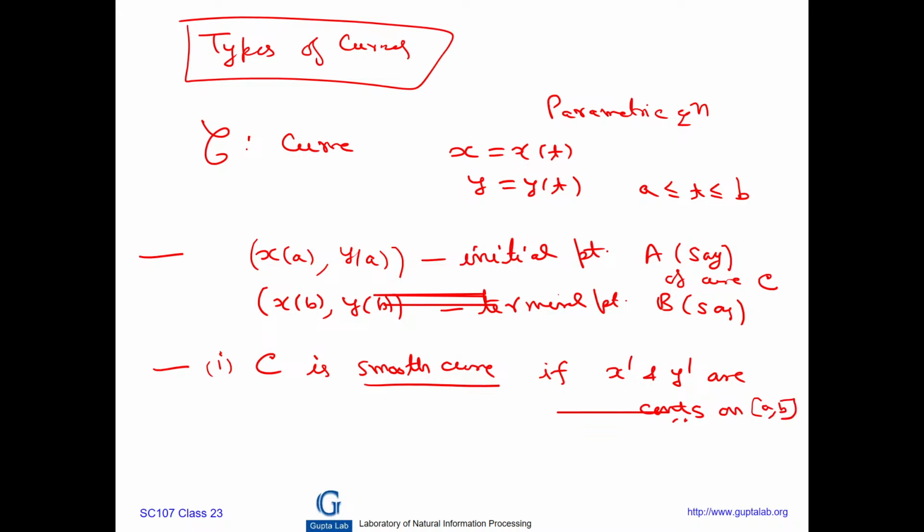If these derivatives are continuous, then the curve is known as smooth. And of course, I forgot one more condition: these derivatives should not be simultaneously 0.